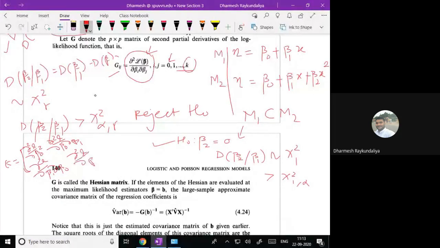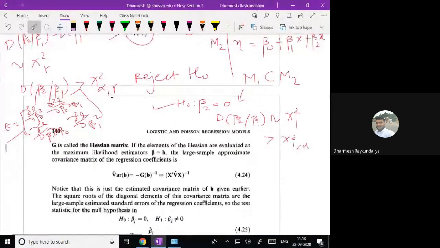This is the Hessian matrix we already calculated when we discussed the iteratively weighted least squares method. In a similar way, you find the Hessian matrix and evaluate it at the maximum likelihood estimator of beta, which we call b.